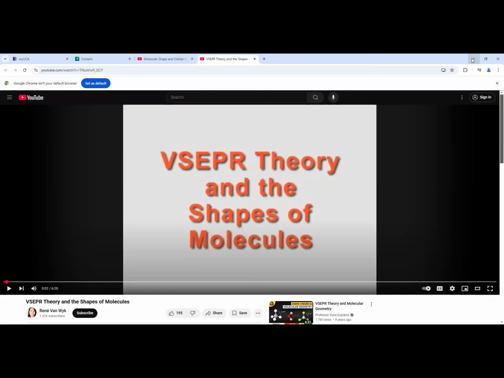As long as there's 6 things on the central atom, it will have an electron geometry of an octahedron. Now, because in an octahedron all of the angles are at 90 degrees, it doesn't matter where you put the first lone pair. But what's left when you put that first lone pair is going to be a square pyramid for its molecular geometry, because the equator looks like a square.